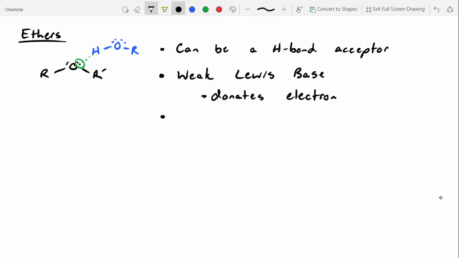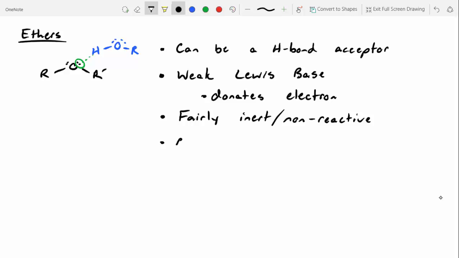Another nice thing with ethers is that they're fairly inert, meaning that they're non-reactive, which makes them great reaction solvents. You don't want your solvent to usually participate in reactions.